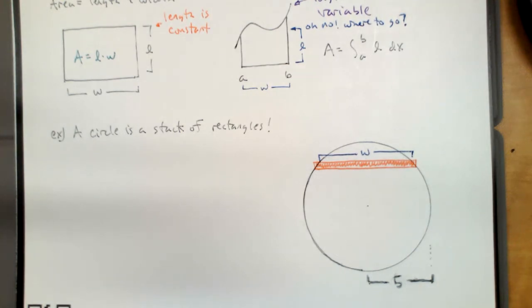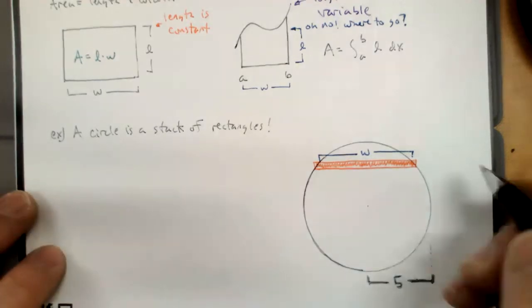If you don't like calling this short side the length that goes up and down, you can call it the height. I'm going to take the height of this rectangle, and that's the one that's going to get thinner to make my infinite stack of rectangles. So that I'm going to refer to as the delta variable. The delta variable is the one that gets thinner to make the infinite stack.